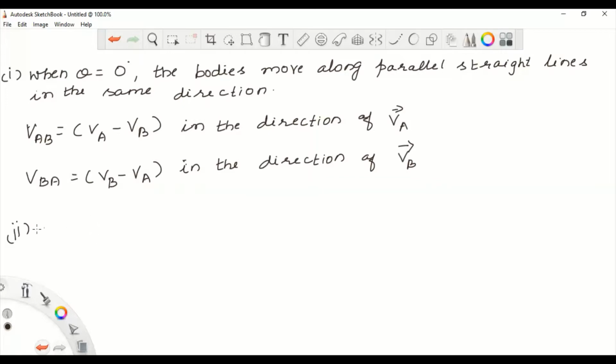Okay. And similarly, when theta is equal to 180 degree, what will you get?